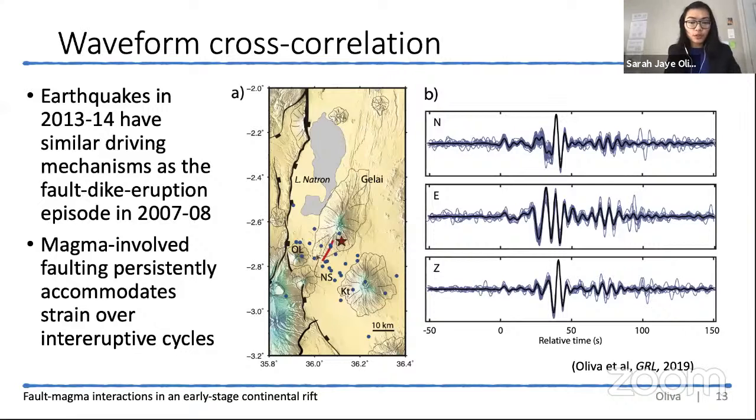So we then conclude magma-involved faulting. This is the term that we introduced in the paper. Magma-involved faulting persistently accommodates strain over intereruptive cycles, so even when there are no eruptions or diking intrusions occurring.